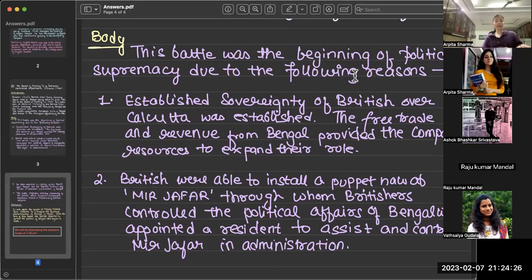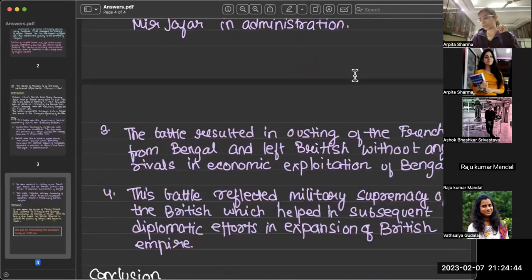But now the Britisher, a European, a foreign power, was able to install a puppet ruler called Mir Jafar. That is why this battle is important, because it showed us our weakness. We became puppet rulers in the hands of the Europeans. That is why this battle is very decisive, very important.